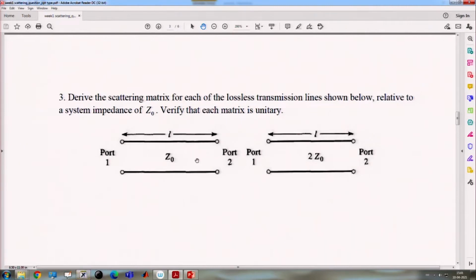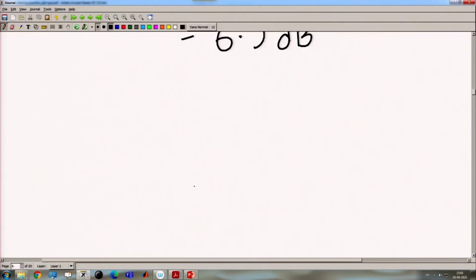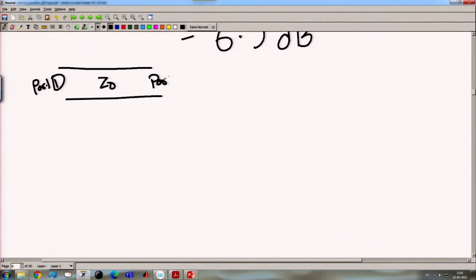We can also see that here the length of the transmission line is L. So, for the first part, this is the Z naught, port 1, port 2, and the length of this is L.